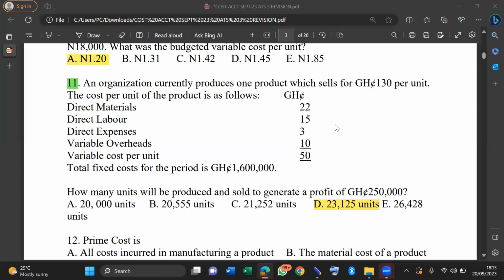So we are on this: an organization currently produces one product which sells for 130 per unit, and the total fixed cost for the period is given as 1,600. We are asked how many units will be produced and sold to generate a profit of 250,000 naira.